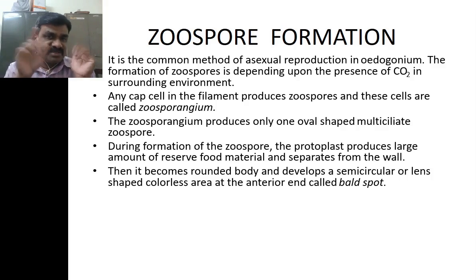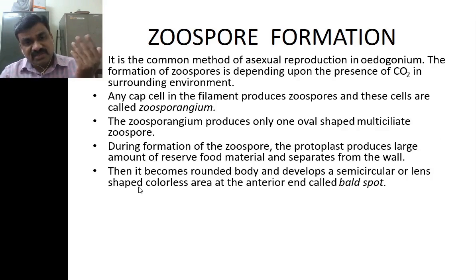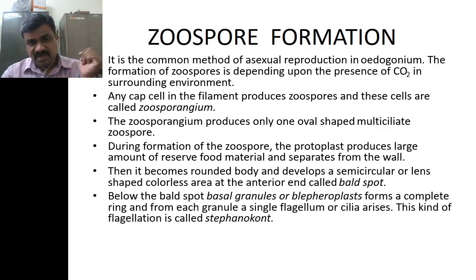So the protoplast gets separated from the cell wall and it becomes oval or rounded in shape. And at the anterior position, it develops an empty space, that means a colorless area. So this empty or colorless area, we call the bald spot. Appearance of the bald spot takes place after separation and after forming the circular form.